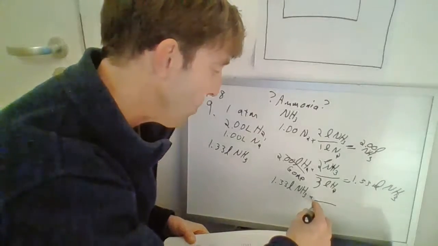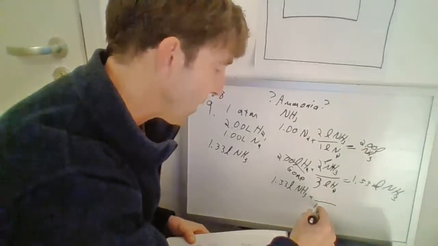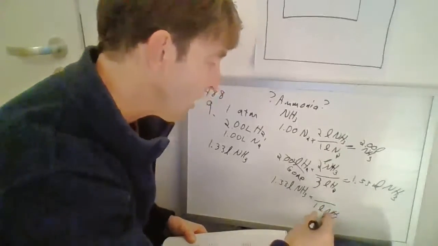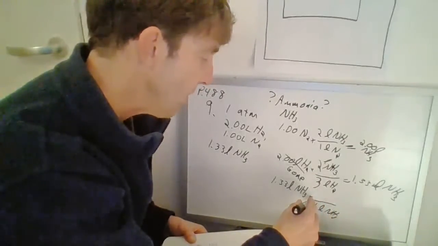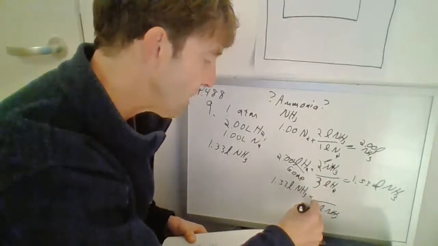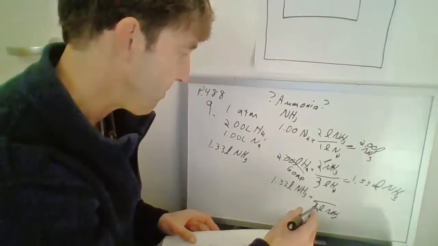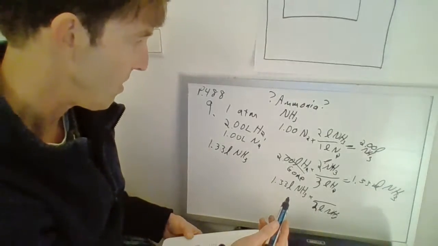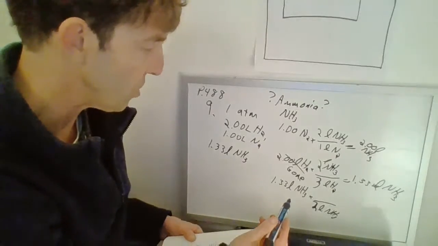So for every 1 mole, let's make it liter, 1 liter of NH3, I get 1.5. Oh, that's sort of crappy. How about we say for every, same as up here, for every 2 liters of that, I get, did I do that right? No, I didn't do it right. But we're going to do it right.